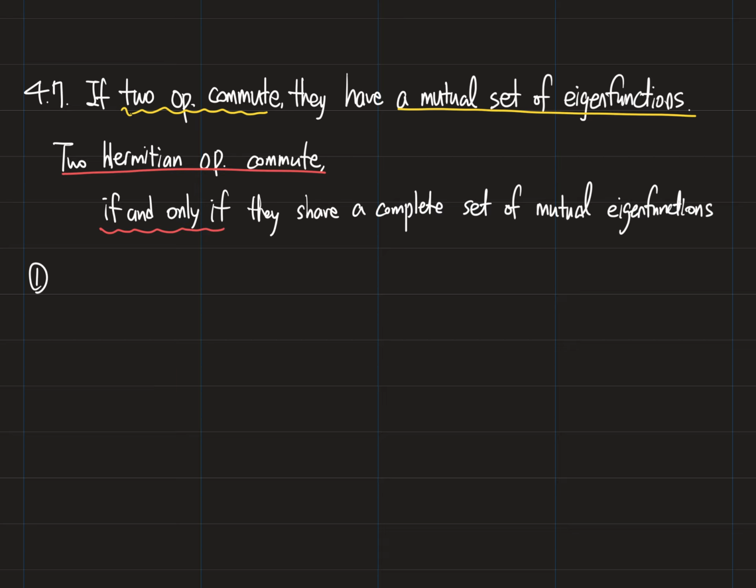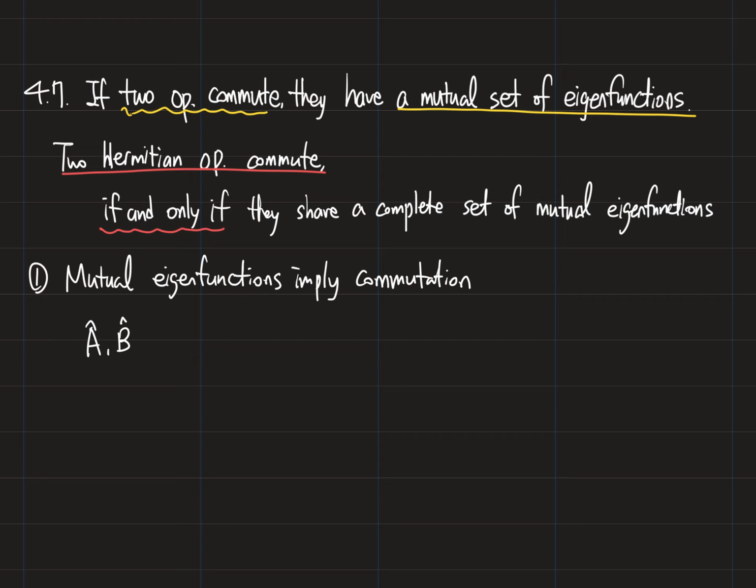So let's take a look at the first proof. Mutual eigenfunctions imply commutation. Let's prove that if two operators A and B have the same complete set of eigenfunctions, they must commute.